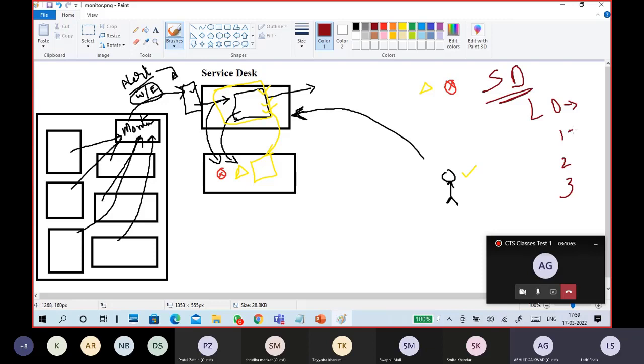Okay. L1 interacts with the user and tries to do initial support. L1 is initial support. This is only for communicating, just like a help desk, taking a complaint. L2 must solve the problem.